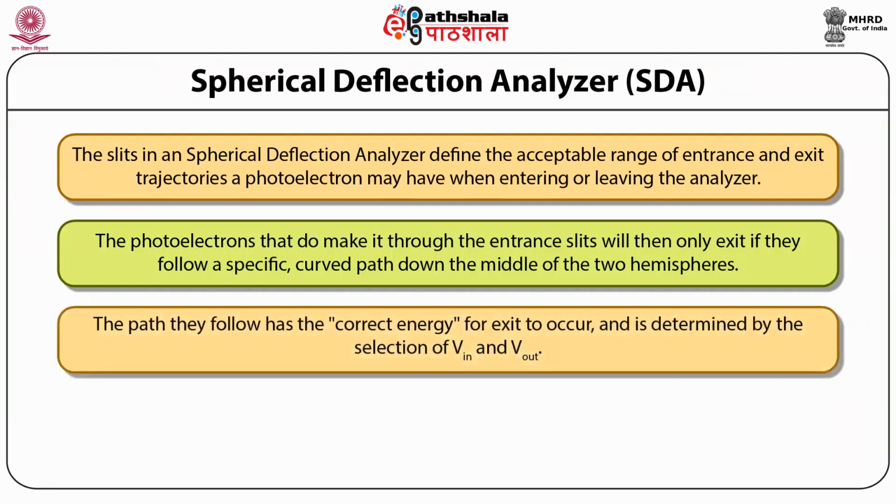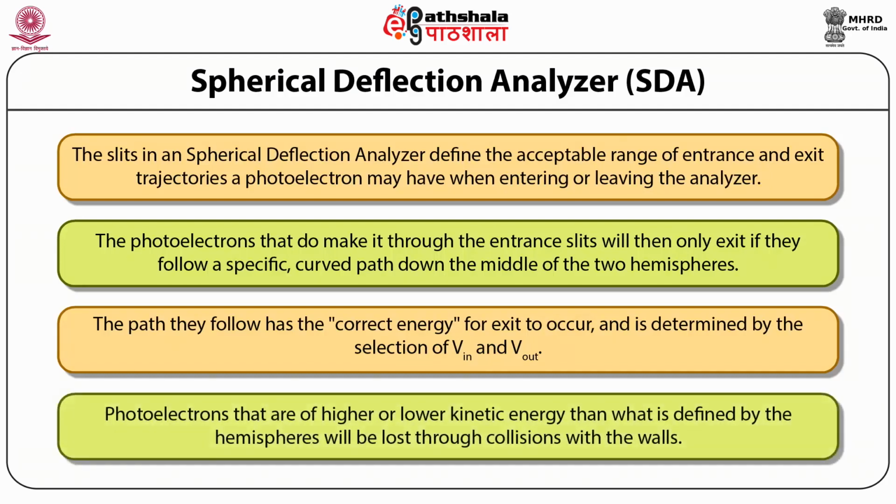The path they follow has the correct energy for an exit to occur and is determined by the selection of V in and V out. Photoelectrons that are of higher or lower kinetic energy than what is defined by the hemisphere will be lost through the collision with the walls.